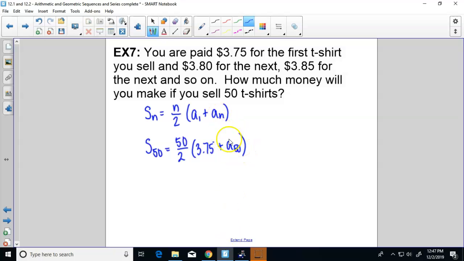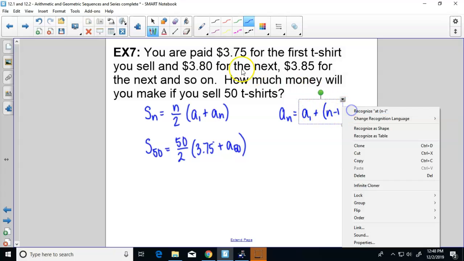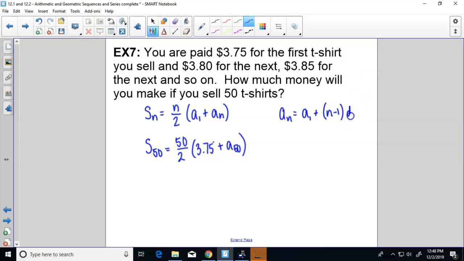We don't know a sub 50, so we need to find it. To do that, we use our formula for a sub n, which is a sub 1 plus n minus 1 times d.